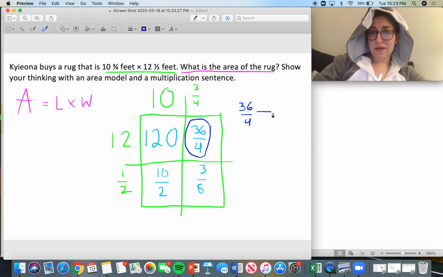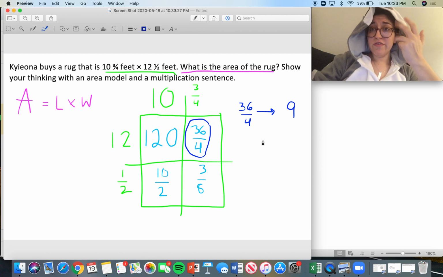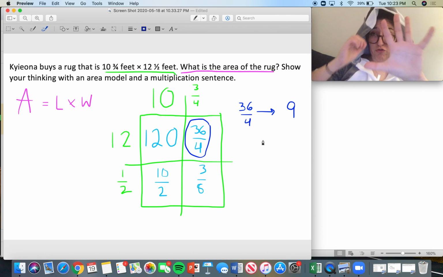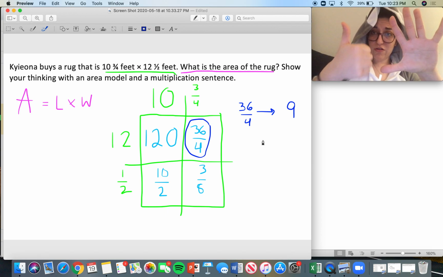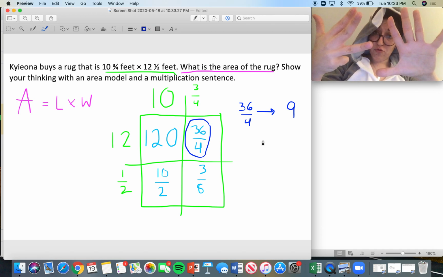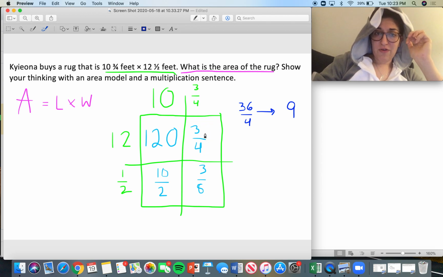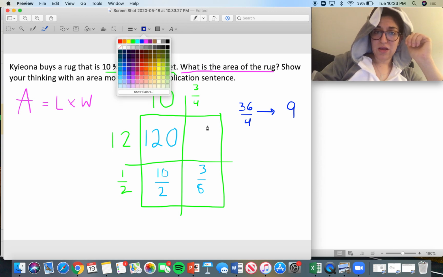And I'm going to end up with 9 whole groups. Because I can do 4/4, that's one group, 8/4, 12/4, 16/4, 20/4. So now I'm at 5 whole groups. 24/4, 28/4, 32/4, and 36/4. I'm at 9 groups. So instead of having to deal with that fraction, I'm going to say that it's actually 9 wholes.